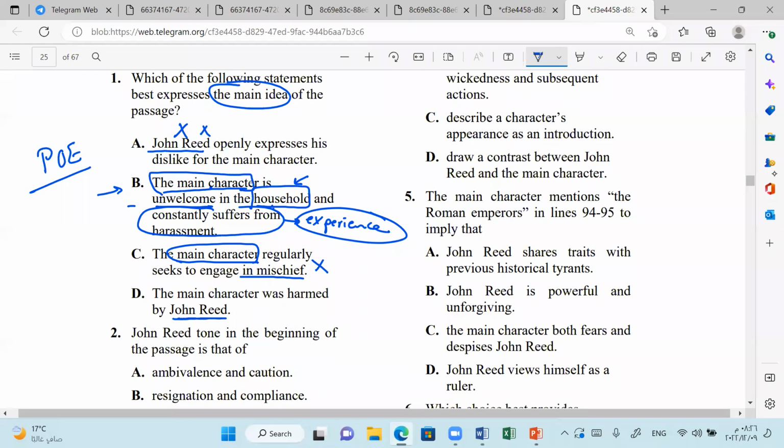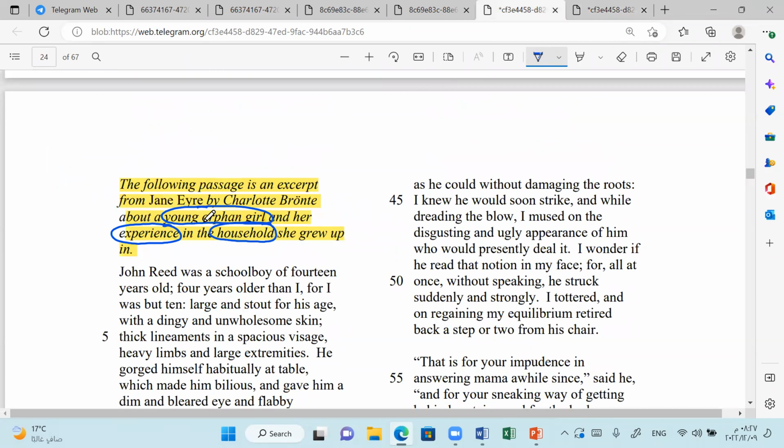The fact that I referred to John Reed and he wasn't mentioned in the first paragraph, the blurb, will not make me choose D. So I eliminated A, C, and D. And I went for the choice that covers almost all the elements here in the blurb.